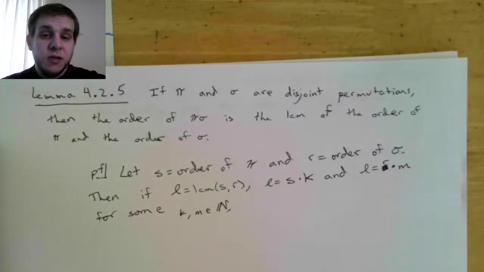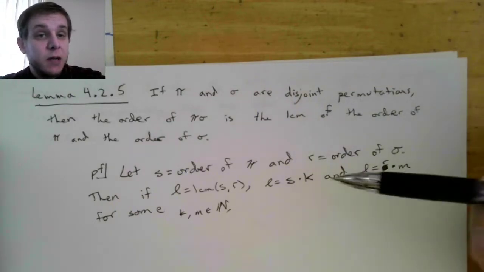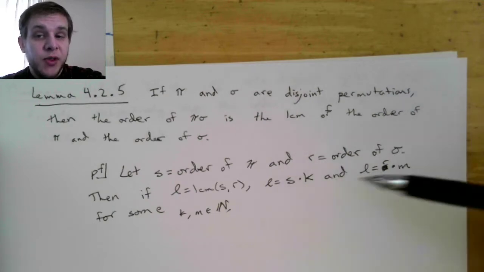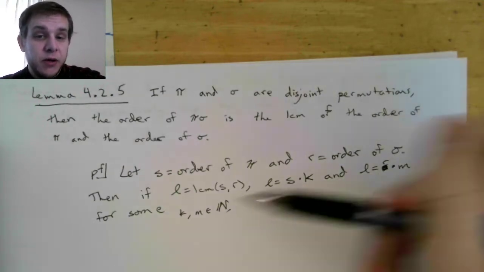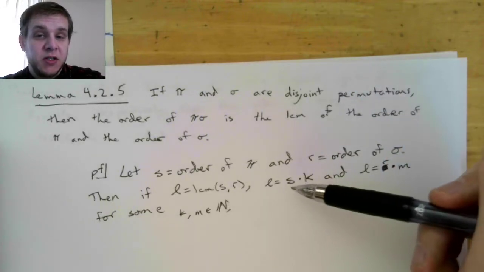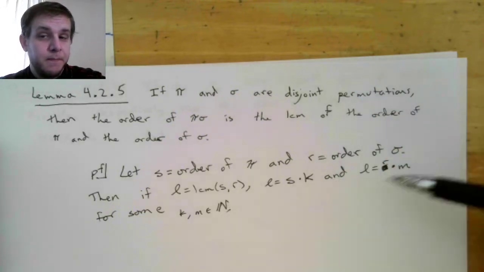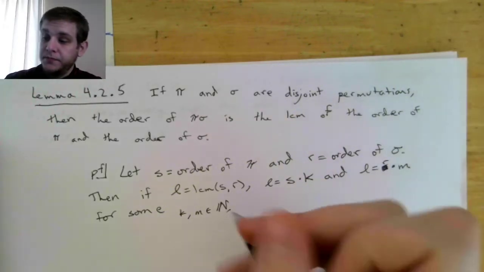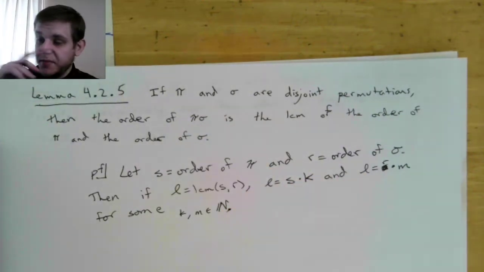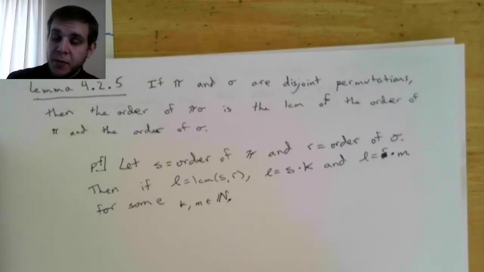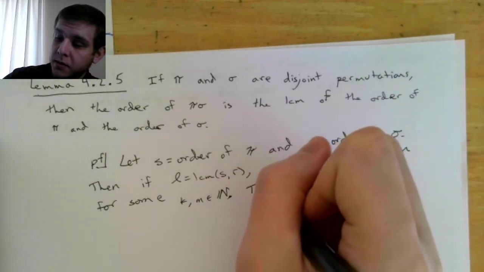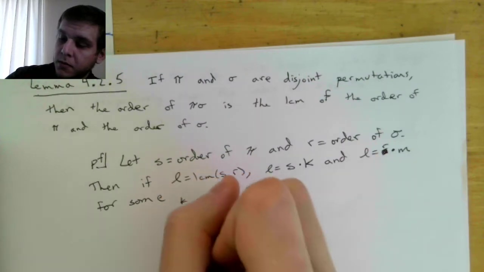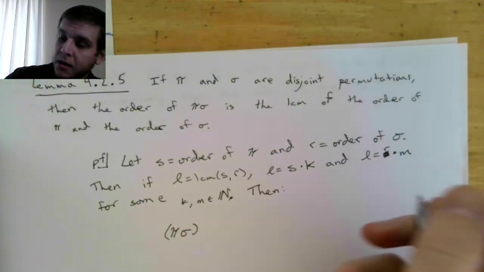If you remember last time we talked about the least common multiple, and we said that the least common multiple of two numbers S and R is the smallest number such that both S and R divide it. So because L is the least common multiple, I know that S divides it, so I have this equality for some K. And R also divides it, so I have this equality for some M. Now what happens when I raise pi sigma to the power L?